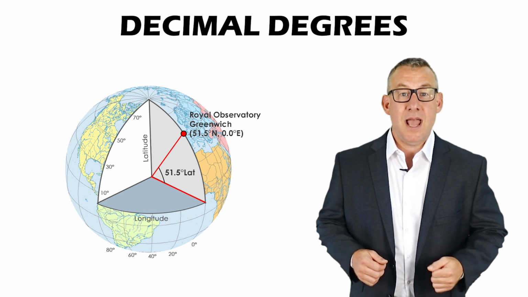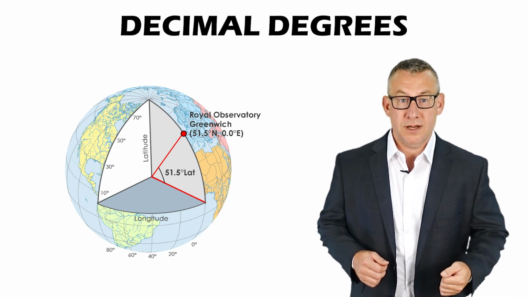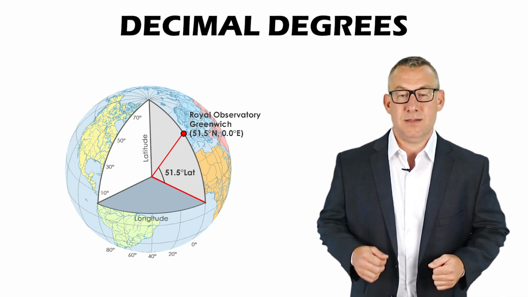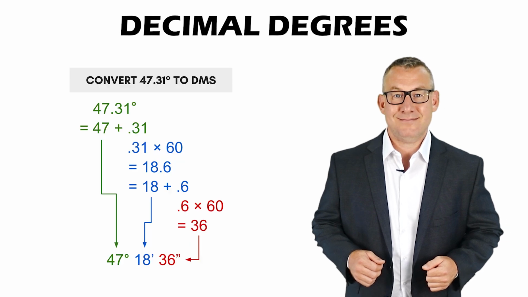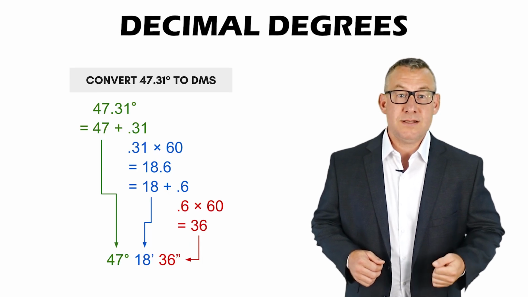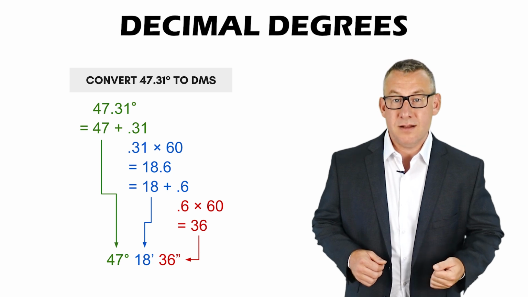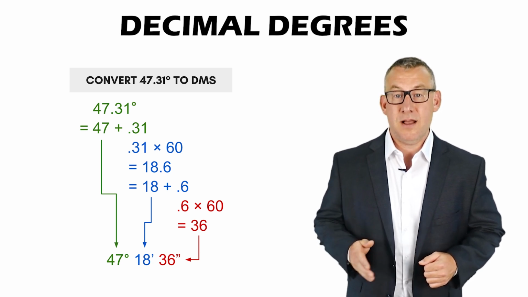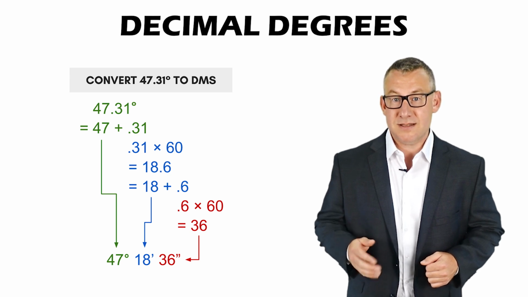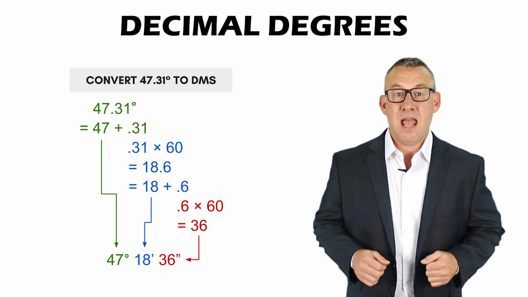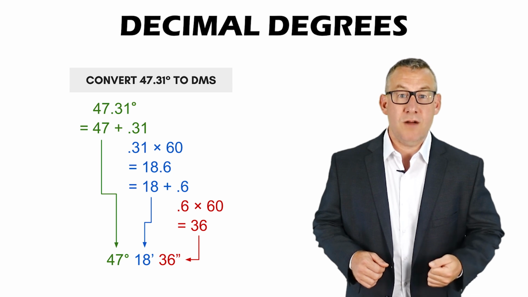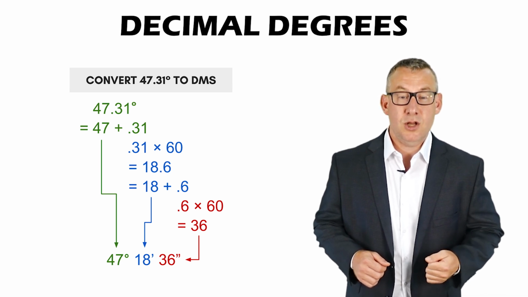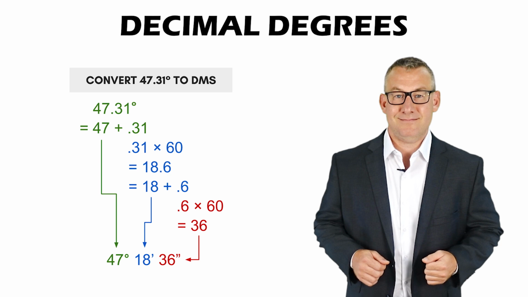In this system, a measurement consisting of a partial degree is recorded as simply a decimal number. Decimal degrees can be converted to degrees, minutes, seconds by multiplying the portion of the number after the decimal place by 60 to determine the minutes. Then multiply the remainder of the minute conversion by 60 to determine the seconds.